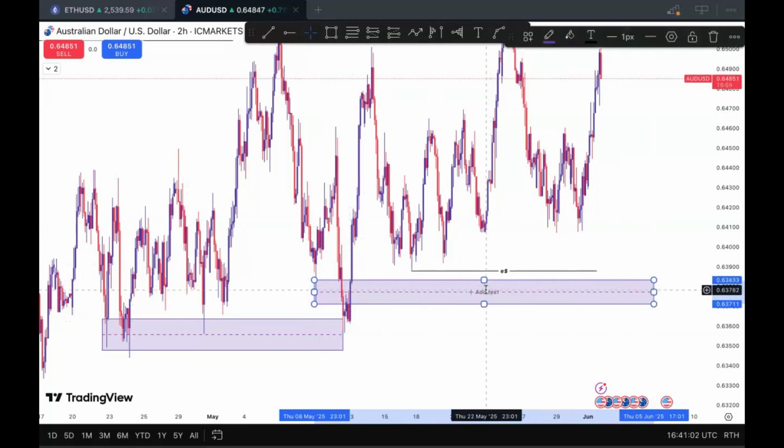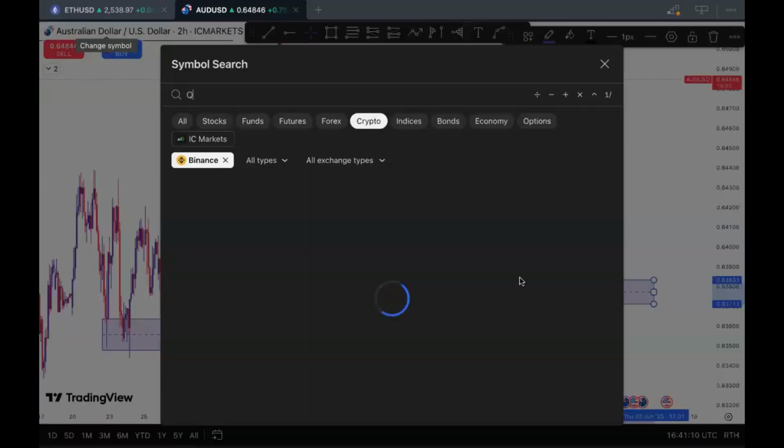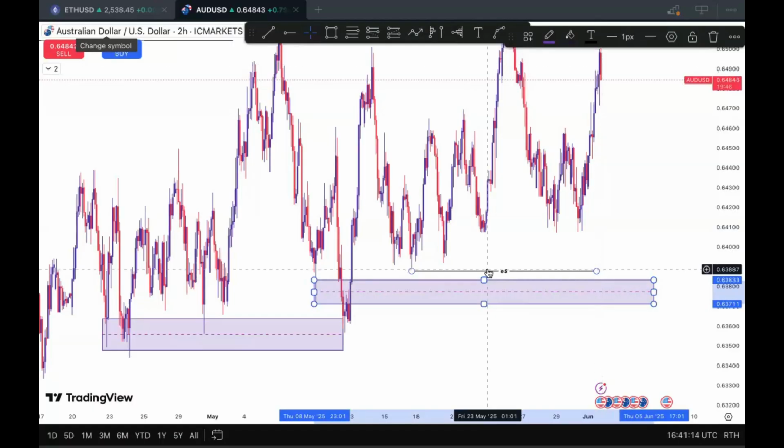As this is a Quasimodo. So this is a Quasimodo. Don't be confused, it's a Quasimodo or the breaker block.